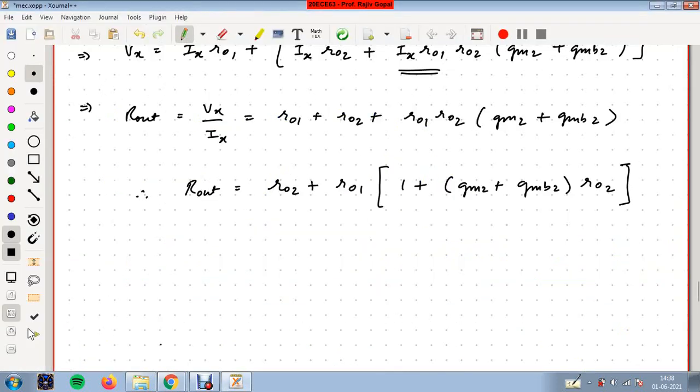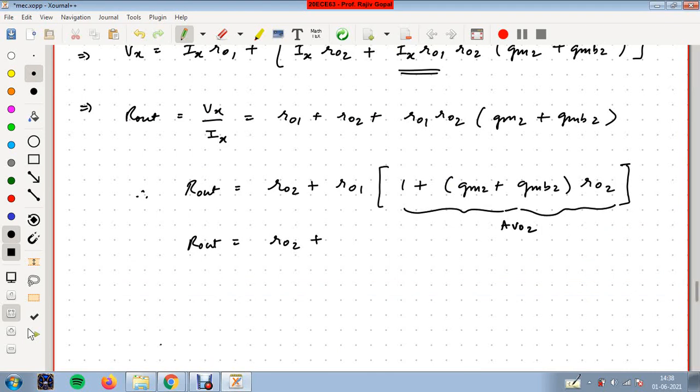So in this, this is what R out is. From this, I can write R out as R02 plus R01 into, and if you look at this entire term, this is AV02, which we had derived earlier.